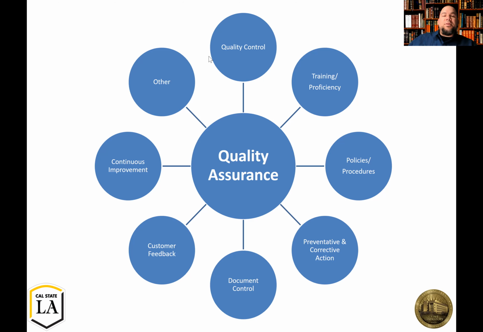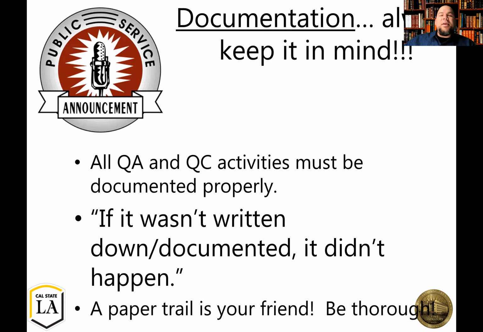Document control, continuous improvement, customer feedback, aspects of quality assurance. Okay, so documentation. Keep in mind, if it wasn't written down, then it didn't happen. And isn't that the truth in so many things in life? If it wasn't down on paper, then hey, did it really ever happen?